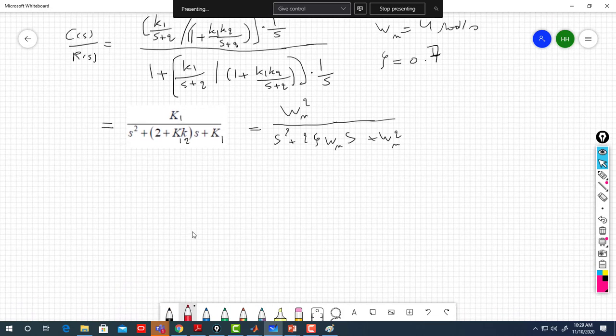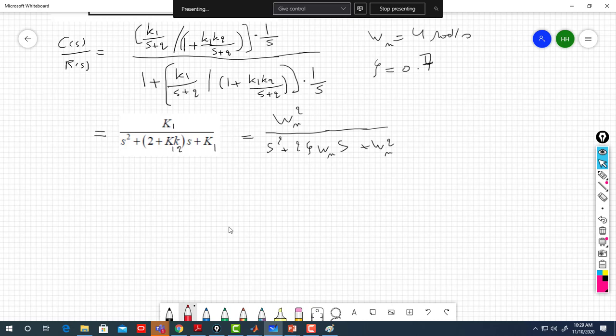My closed loop poles will be in a place where omega n equal 4. So probably if this is omega n equal 4, and with zeta equal 0.7, so if this is the zeta that's giving the 0.7, then my poles will be here.